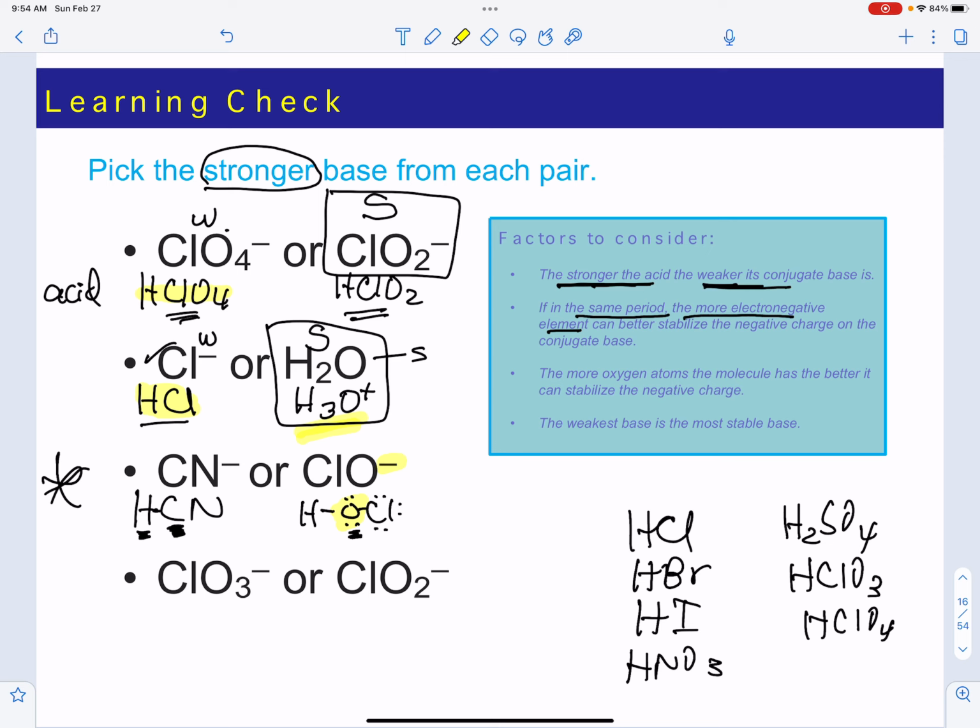The one that is the more stable benefits the least from getting a hydrogen. And bases want to take hydrogen, right? So this base is a weak base because it's already stable. It doesn't want to take the hydrogen. So it doesn't want to do what bases do. So the strong base here is going to be that one. So this would be my stronger base.